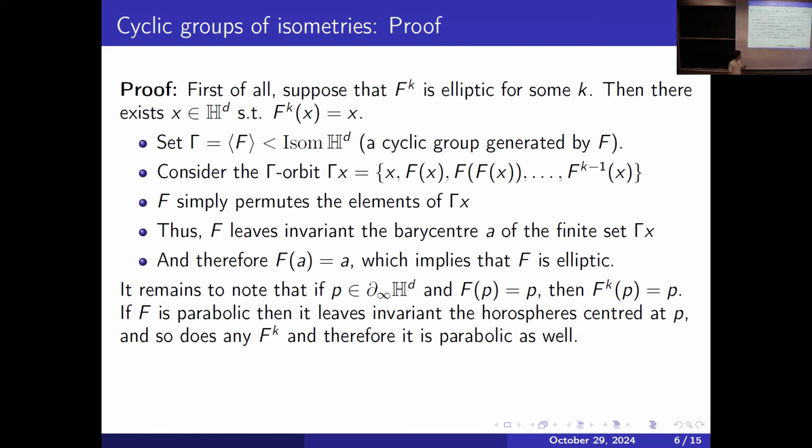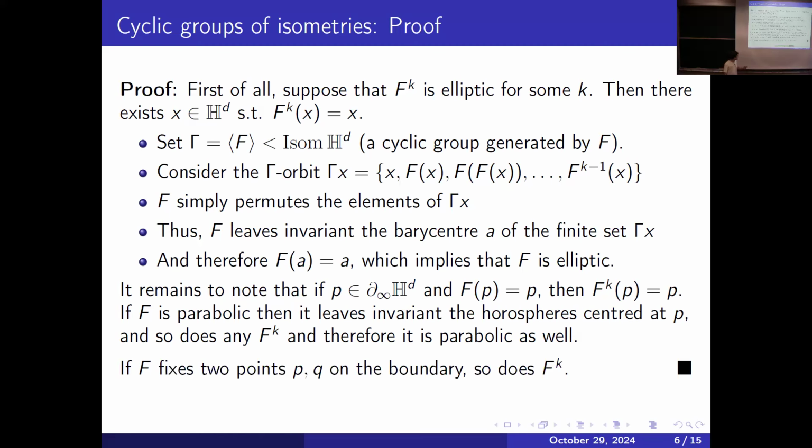Therefore, we know that f^k is definitely not identity, right? It leaves invariant the horospheres, but if it leaves invariant the horospheres, it is also parabolic since it acts as a Euclidean isometry, like, imagine it's a horizontal hyperplane in the upper half space model. Then f to the power of k is parabolic as well, right?